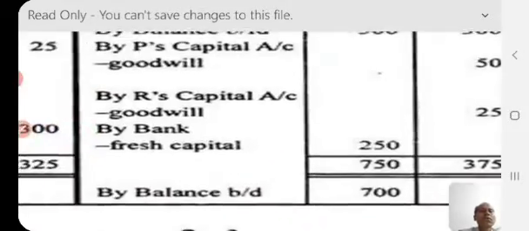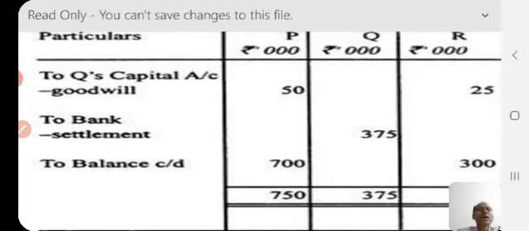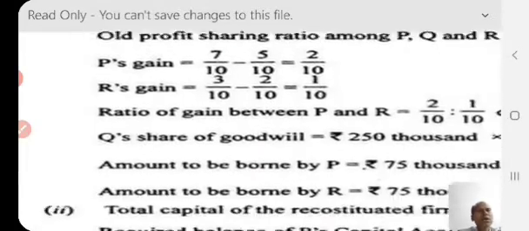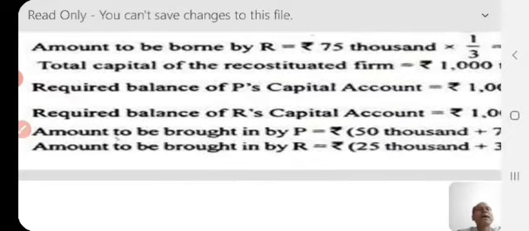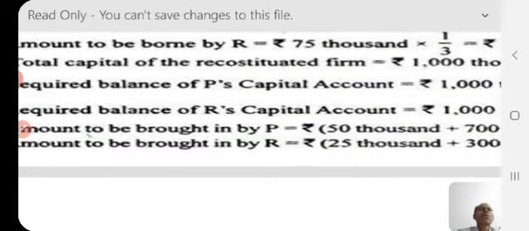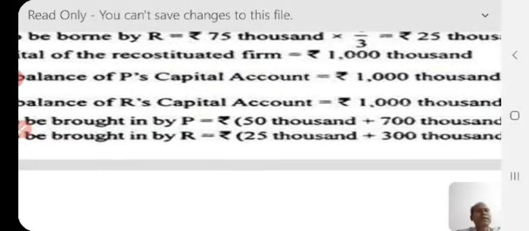Now in the adjustment it is given that the capital must be 1,000 thousands. Yes, we shall calculate it in the following way. Total capital of the reconstituted firm is 1,000 thousands.